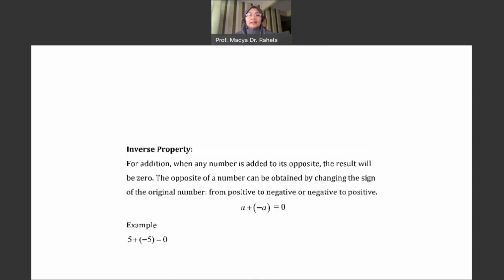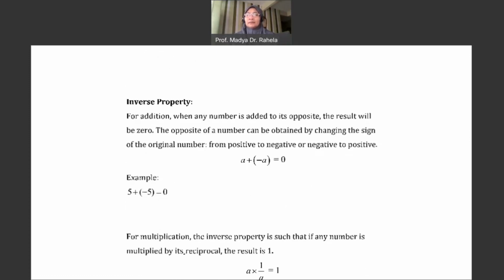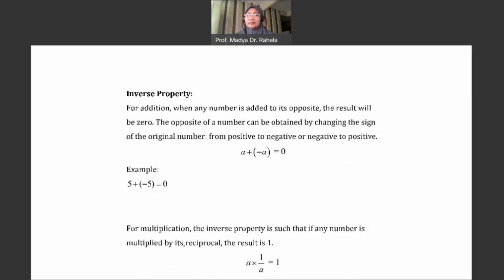Okay, next is the inverse property. The inverse property for addition means that we need to find the inverse of the number itself so that it goes back to its originality. For addition, the inverse of the number is its negative.